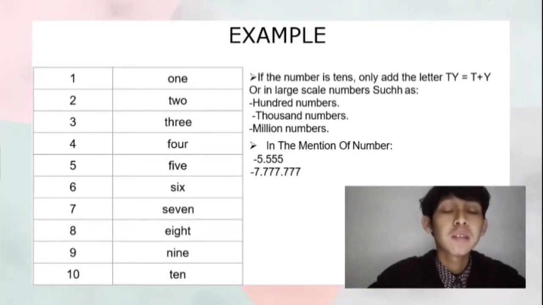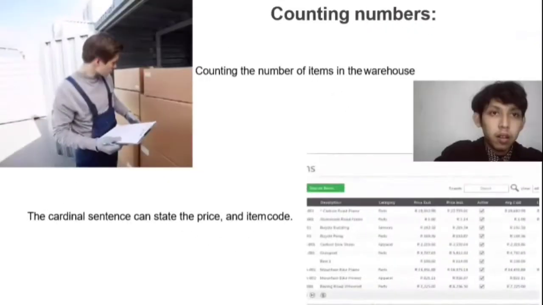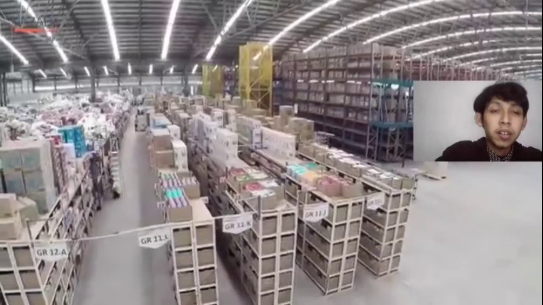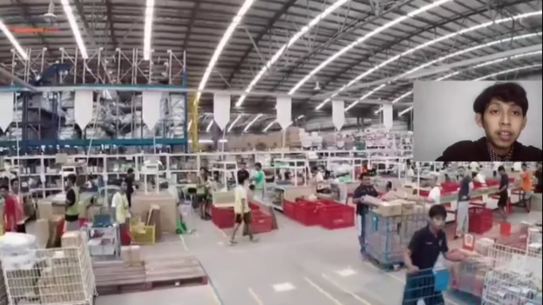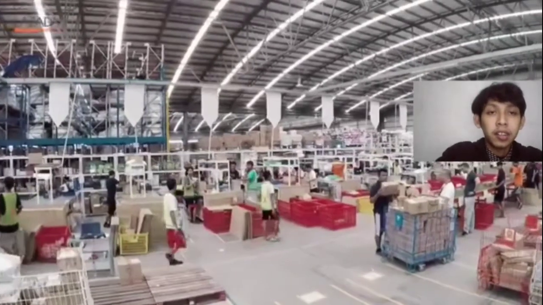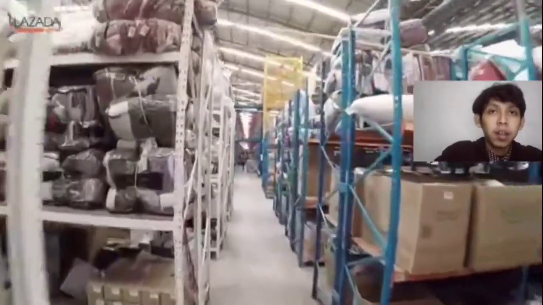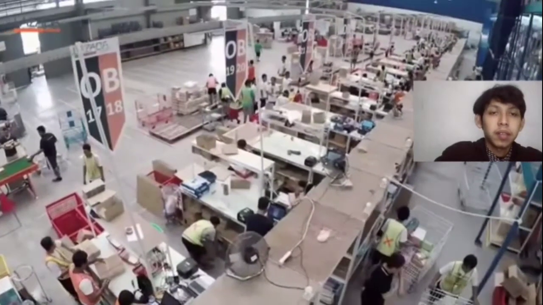In English, the uses of cardinal sentences are counting numbers. Counting numbers in cardinal sentences for logistics activity in the warehouse, first example: how many items are in the warehouse and how many items are missing.